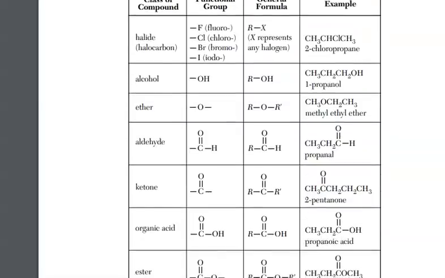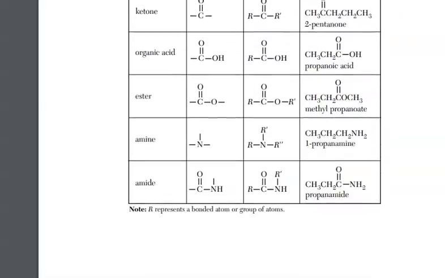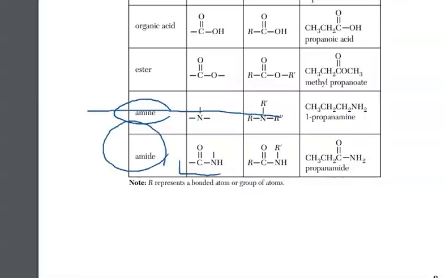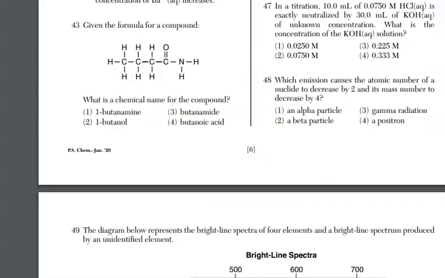You just keep going down the table, and sure enough, we see nitrogen with amine at the bottom, but there's no oxygen, so it can't be amine. It's got to be amide. You got your C double bond O and your nitrogen. The ending here for any compound that has those two atoms as part of the molecule is amide. Let's go back to our choices. Based on that, the only choice it could be is choice 3.